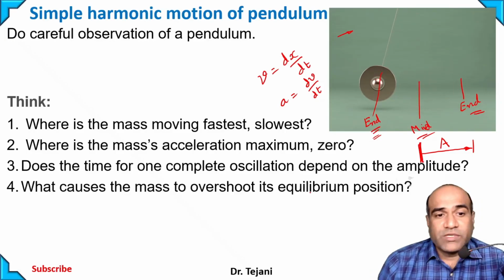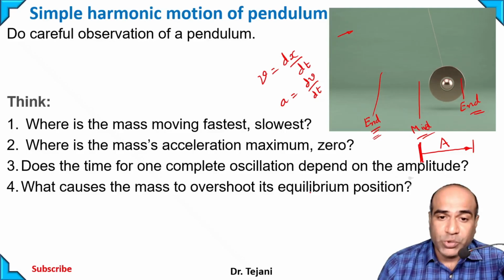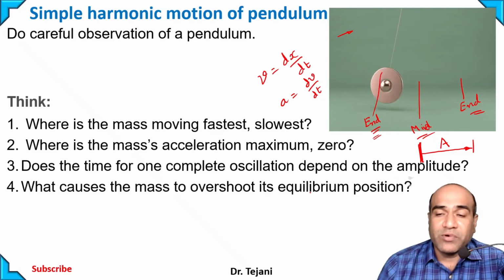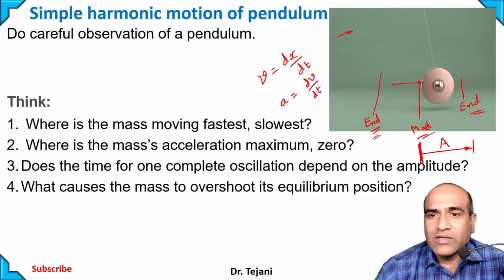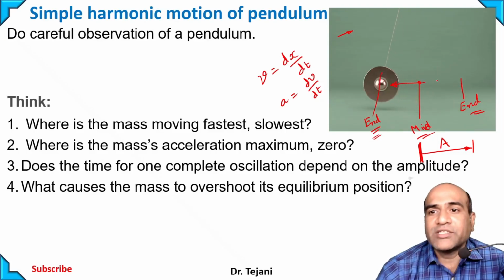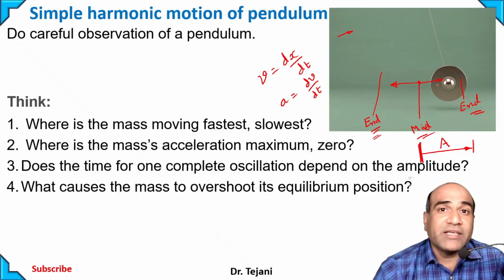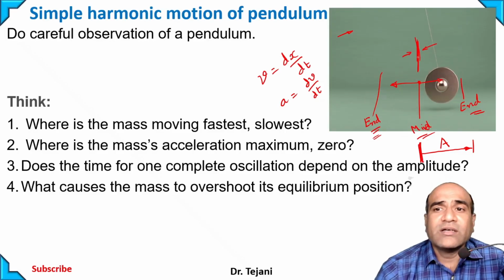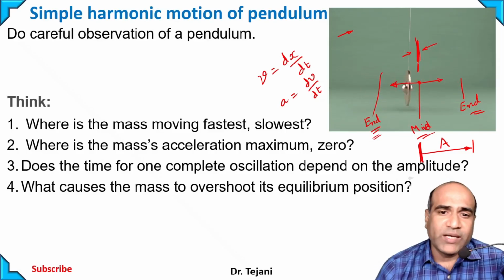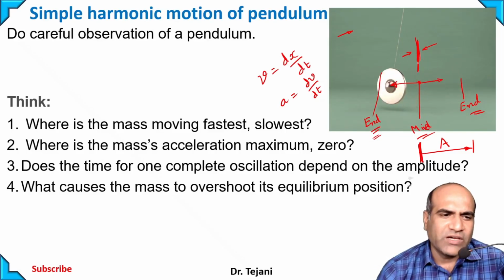Then what causes the mass to overshoot its equilibrium position? Why is this mass going in the forward direction, maybe right hand side or left hand side? Why is it not stopping at the equilibrium position? What causes it to move? You can answer that with Newton's laws. We have first, second, and third. The first one is for what?